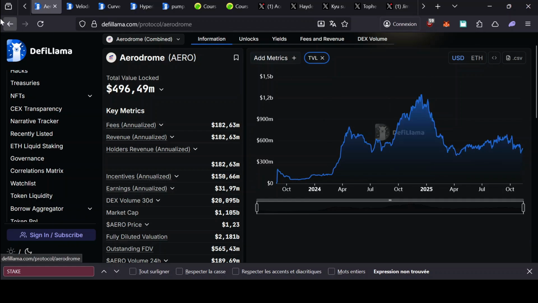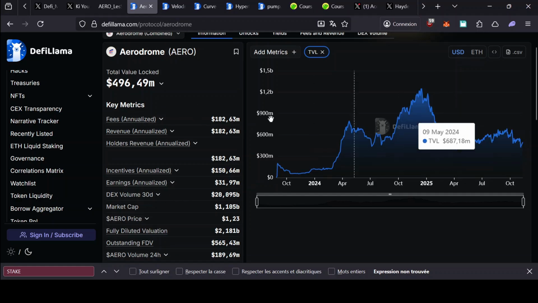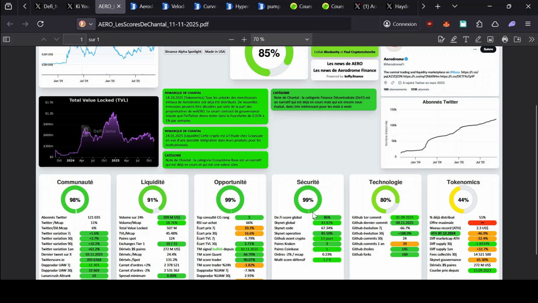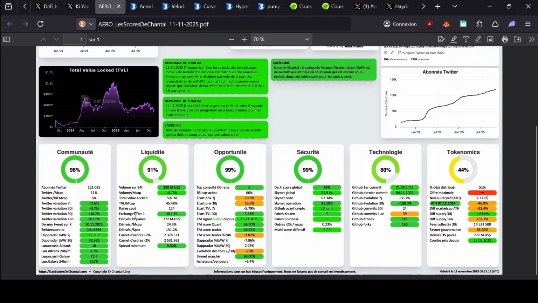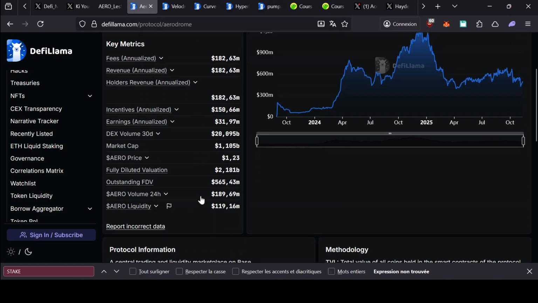It's definitely a serious competitor for Uniswap, and it will be interesting to see how things evolve. Another point, if you look at Aerodrome's charts, they have really strong looking indicators. The community is growing, there are no security or audit issues, they have enough liquidity. Of course, there's a lot of inflation, much more than Uniswap, but still, Aerodrome is clearly becoming a real competitor.